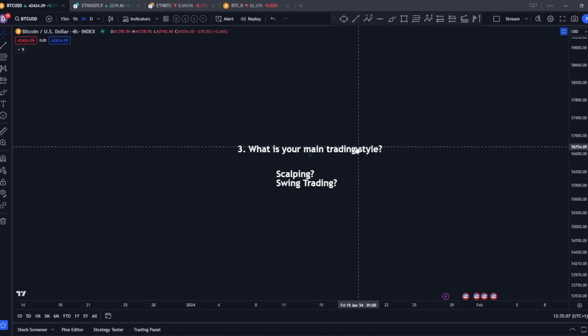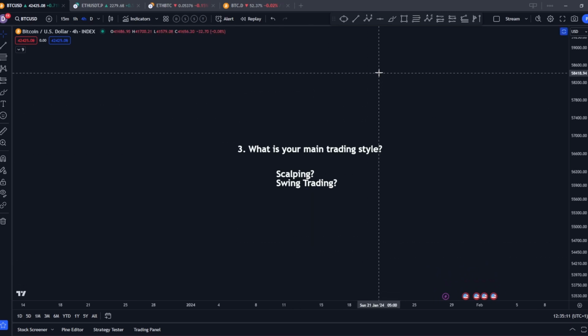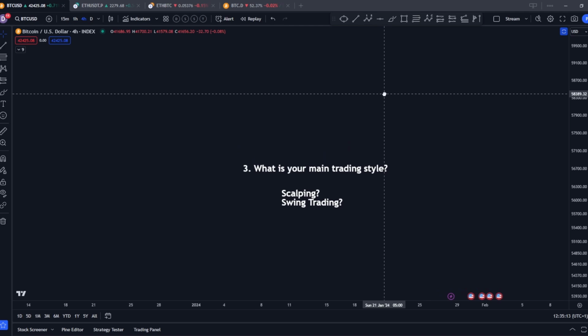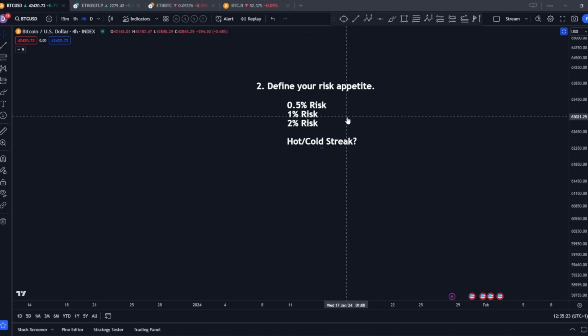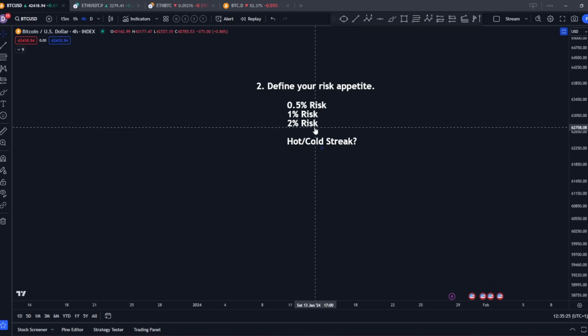So obviously, depending on what trading style you take, it's also important how much risk you're willing to take. Because with a swing trade, maybe you're only doing one trade a month, for example, at most. Then obviously it can be okay to risk a bit higher percentage of your trading portfolio on that, because it's probably going to be a lot higher conviction, higher probability that it's going to succeed in your opinion.